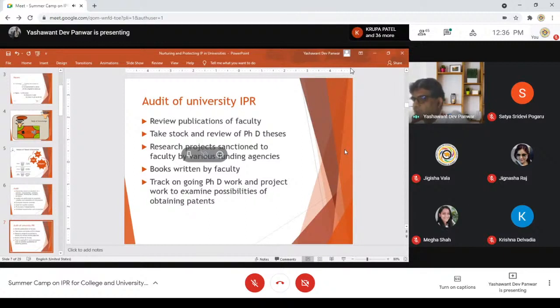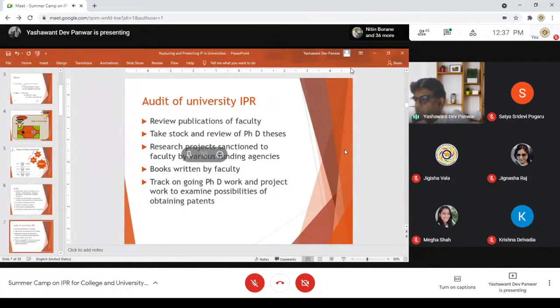Is there any patentable subject matter in this publication which is going out of the institution to be published in research journals? If the IPR cell of the institute takes care, then patentable, design registrable, or any other material which can be protected in another form can be identified, and actual steps can be taken to protect and finalize things.